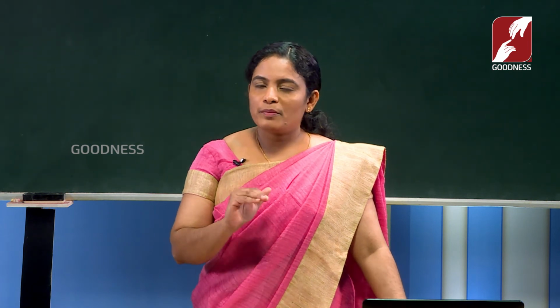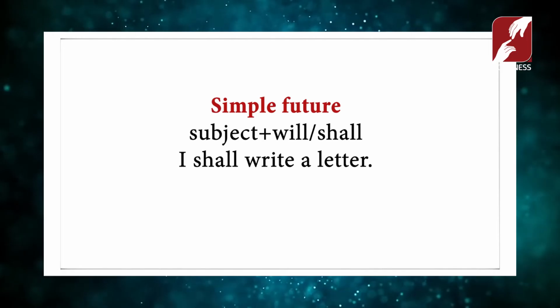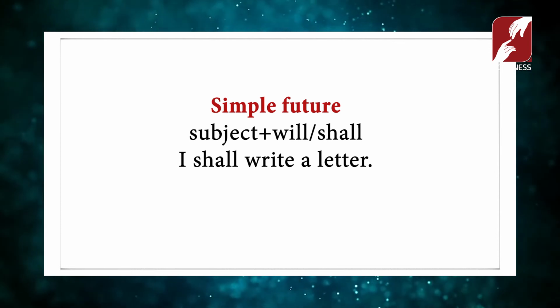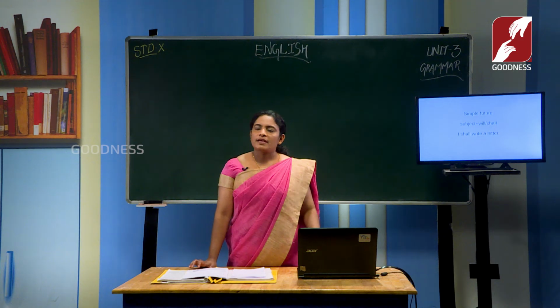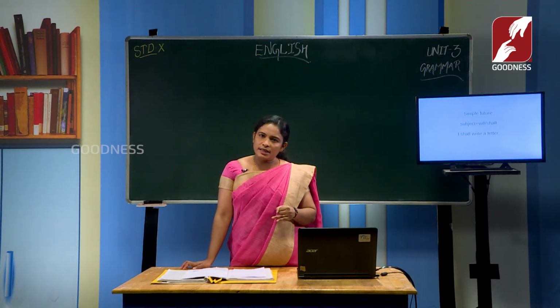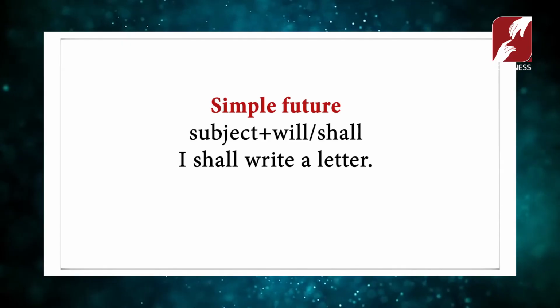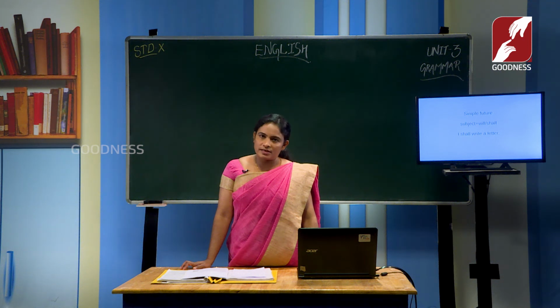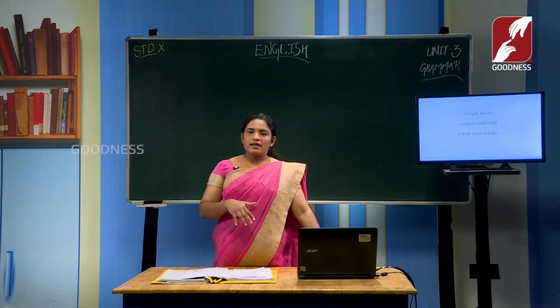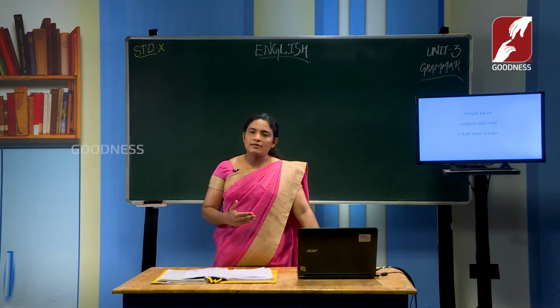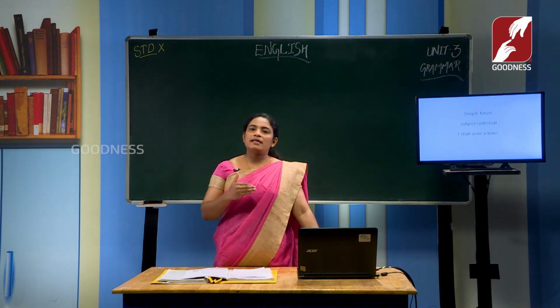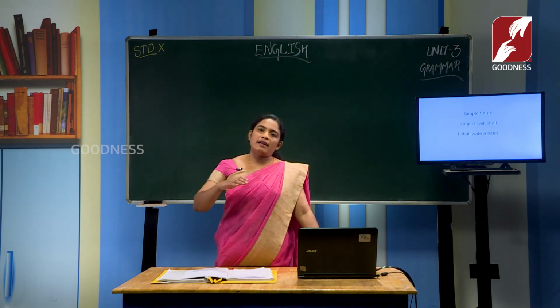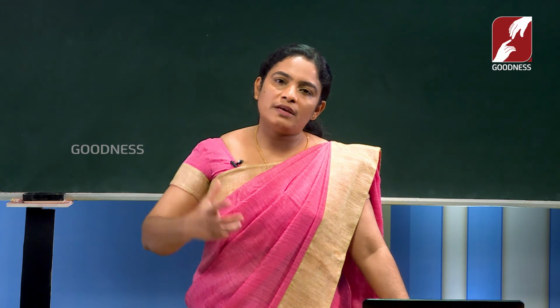And again, one more tense is there. What is that? Yes, future tense. Which are the 4 divisions of future tense? Simple future, future continuous, future perfect, future perfect continuous. Mostly we are not using this future tense. Instead of that, by using our present progressive tense or present continuous tense, we can show the future occurrence.